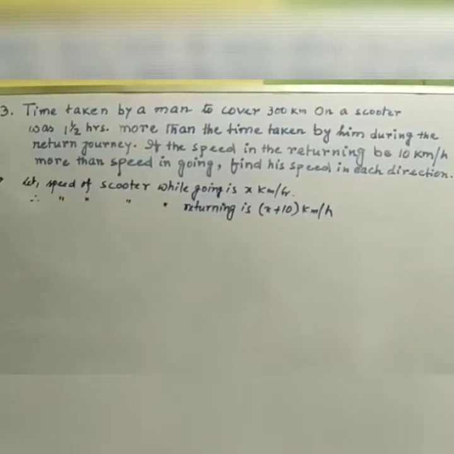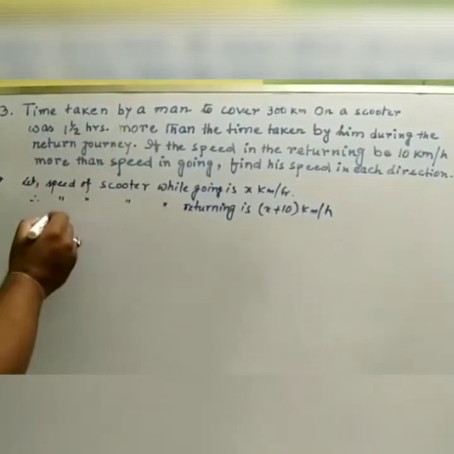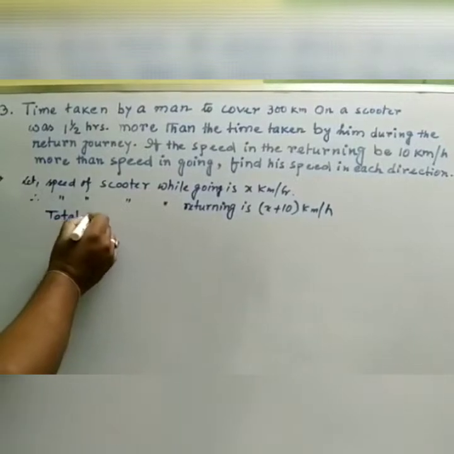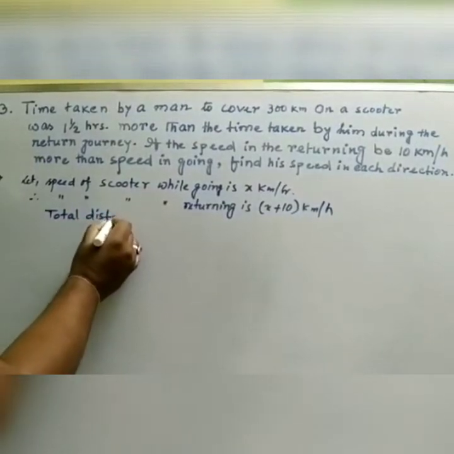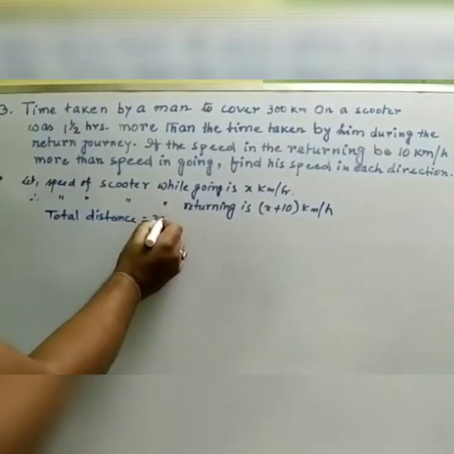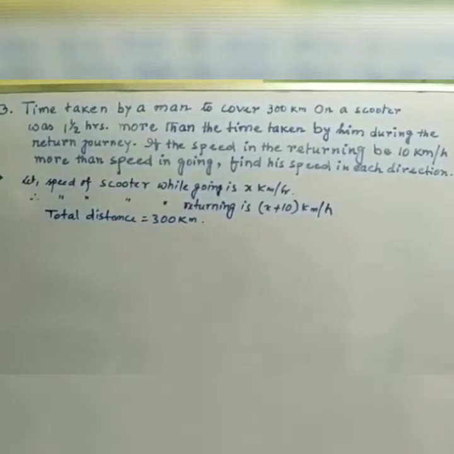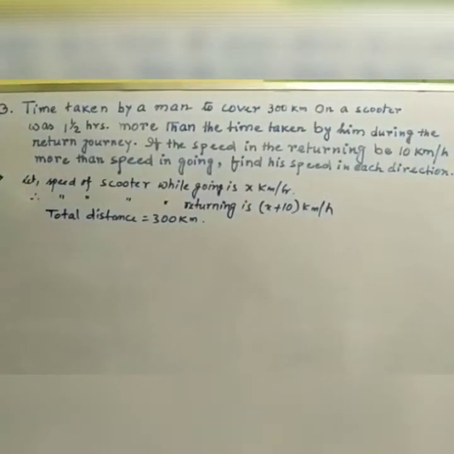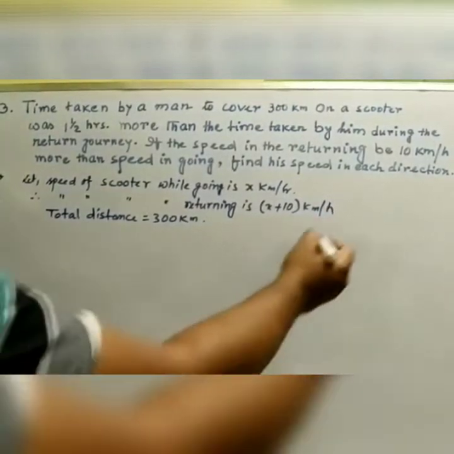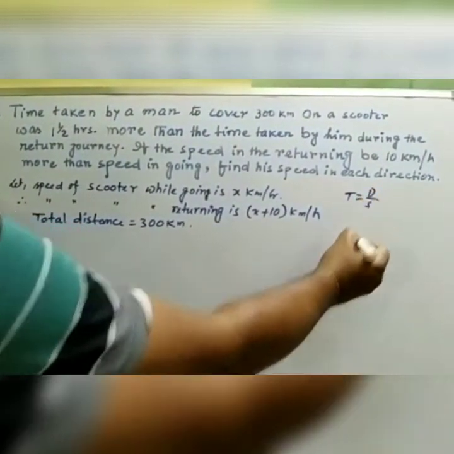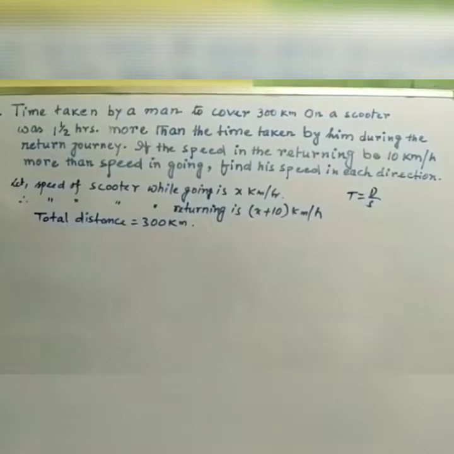Here the total distance is 300 kilometers, so you need to write total distance equals 300 kilometers. Now you know that time has a formula: time equals distance by speed, that you have learned in the junior classes.